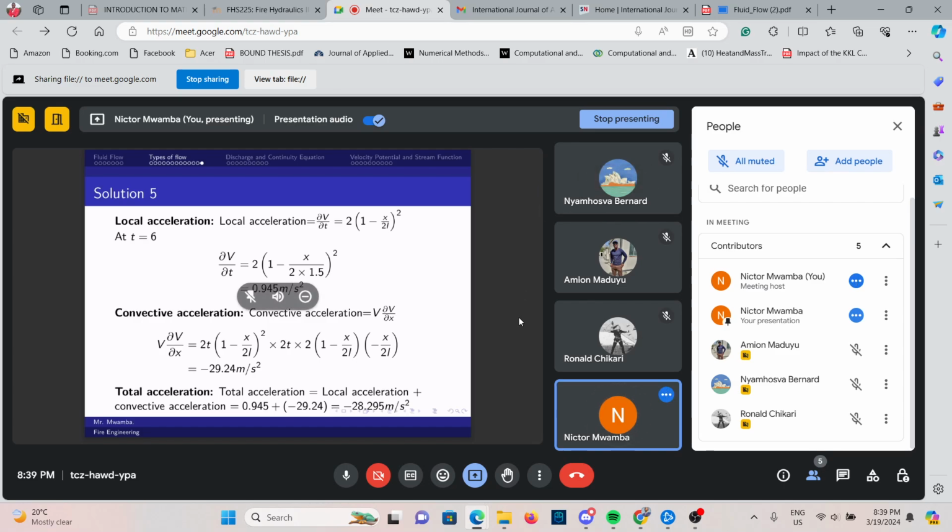Class? We need some revisions on this differentiation, that dv/dt and also dv/dx, because of the way you calculate your figures. It's been a long time, but I think we'll catch up if we do more revisions on differentiation.